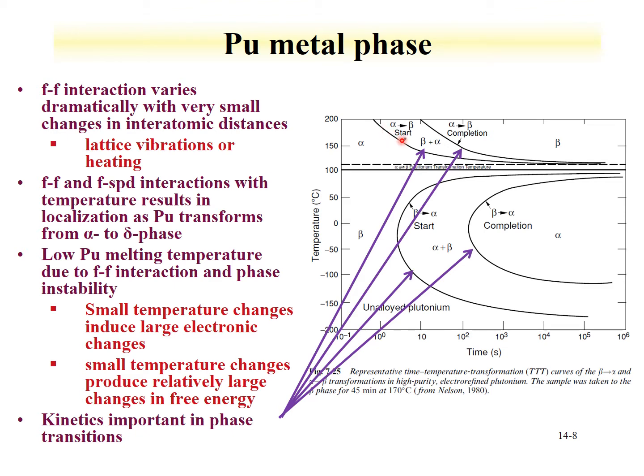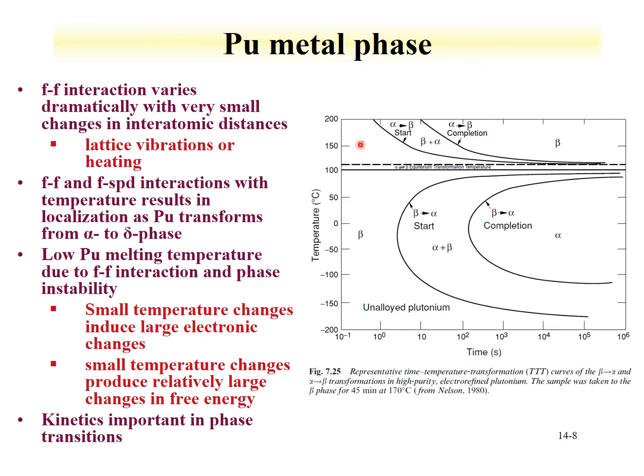As you can see, these curves that we highlighted show some of the boundary conditions for the kinetics. As we see here, this is, for example, an alpha phase in an unstable regime and a beta phase in an unstable regime. At a given temperature with a certain time, these beta phases, which are unstable, will start to go to an alpha and a beta phase and then complete over to an alpha phase. And the reverse is true for the alpha going to the beta.